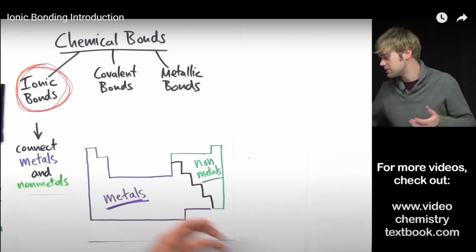And if you're wondering, what about the metalloids? Metalloids behave like non-metals when they are bonding. You don't need to write that down, but metalloids behave like non-metals in terms of their bonding. So if you put a metal together with a metalloid, you will get ionic bonds.